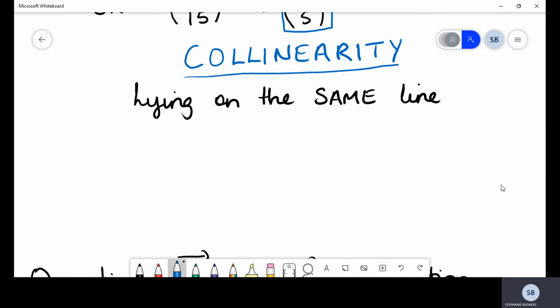For example, if I were to draw on screen here a straight line, and on that straight line, I were to highlight 3 points, and I were to call my points O, A, and B, you can clearly see that those 3 points lie on the same line.